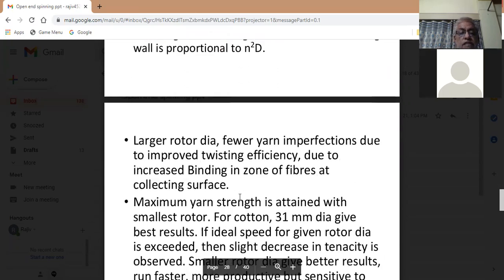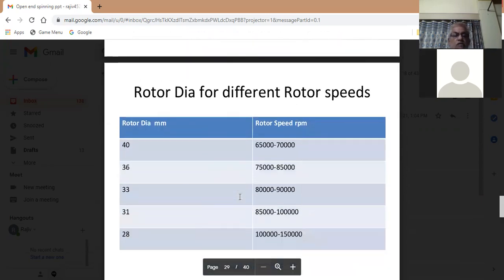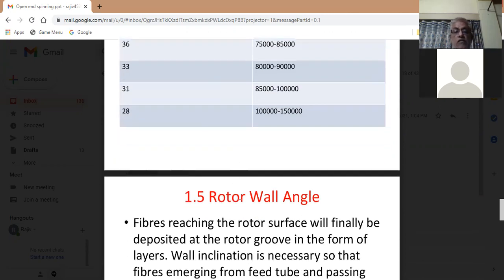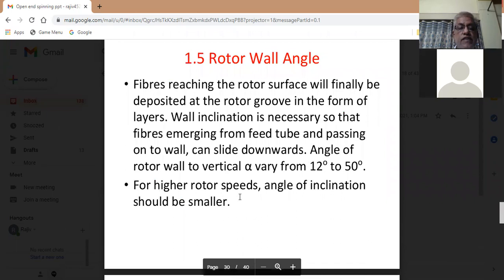We have already studied that, and then we studied rotor dia for different rotor speeds. As the rotor becomes smaller, we can increase the speeds. For 28 mm, we can go up to 1,50,000 RPM of the rotor. In the last lecture, rotor wall angle we have studied.